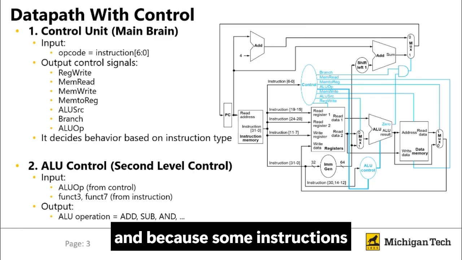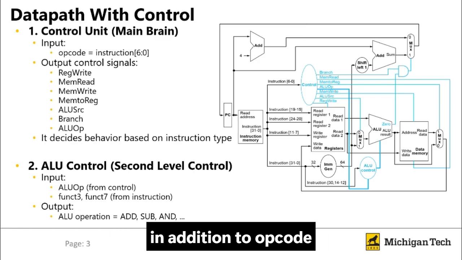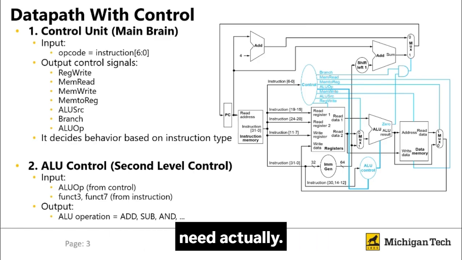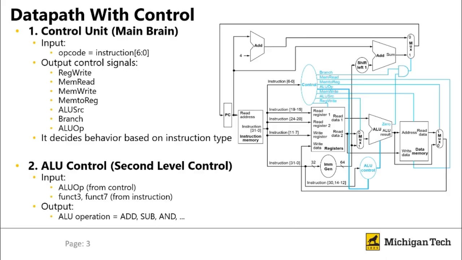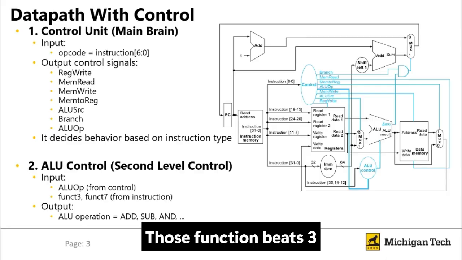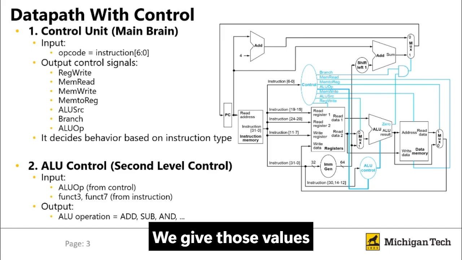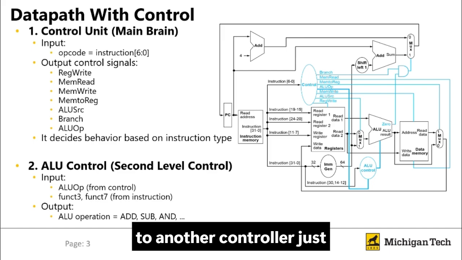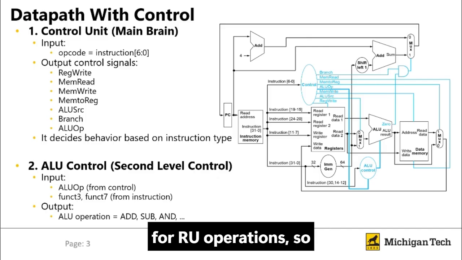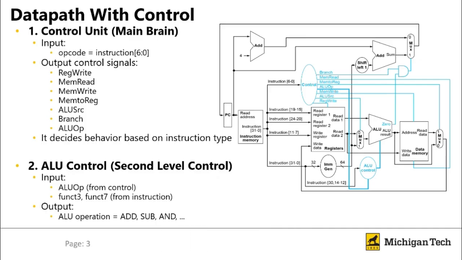And because some instructions, in addition to the opcode, need those function bits, function 3 and function 7, we give those values to another controller just for ALU operations. So we get those parts from the instruction register.